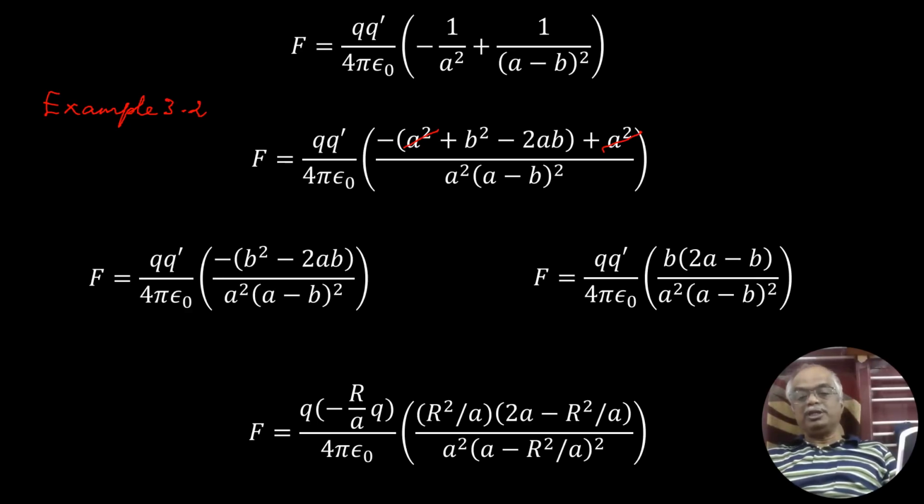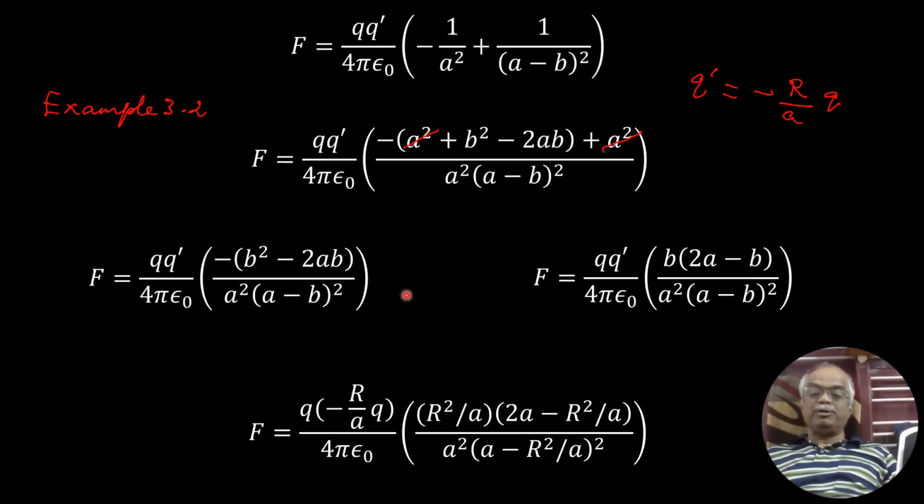According to example 3.2, q prime is equal to minus r by a q, because this is the image charge. So you refer to my lecture on example 3.2. Here we are replacing this q prime by minus r over a q.